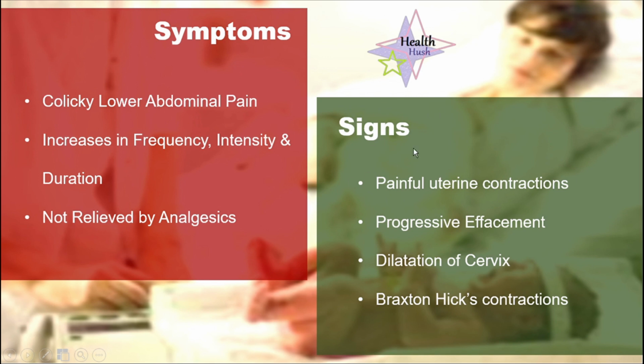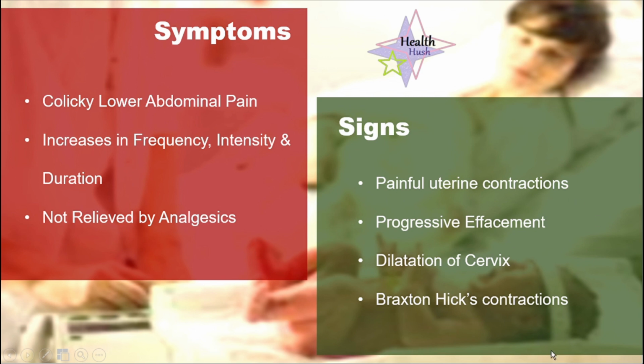Let's move on to the signs that are present in pregnant mothers who are about to deliver their babies. They have painful uterine contractions. Usually during pregnancy, mothers have normal but painless uterine contractions, known as Braxton Hicks contractions.